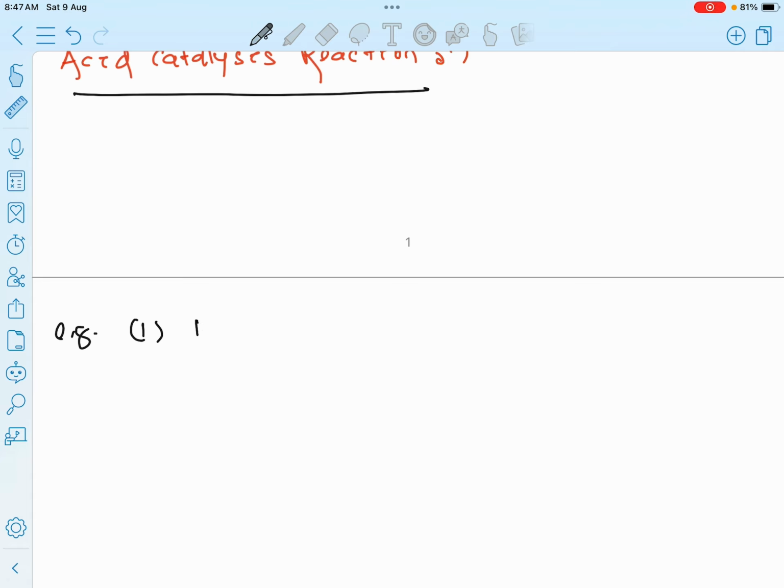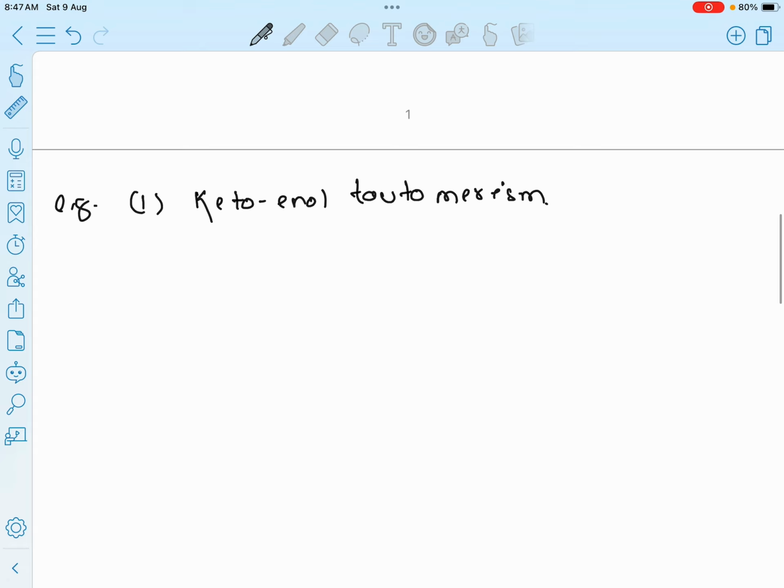First is ketoenol tautomerism. So what will happen? Let us say a keto group is there. You have added some acid to it.